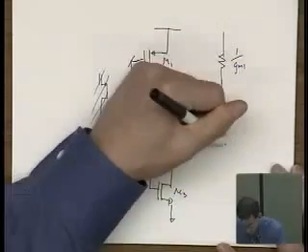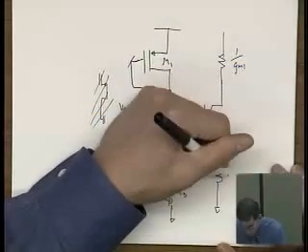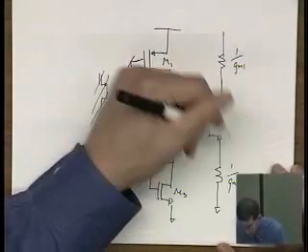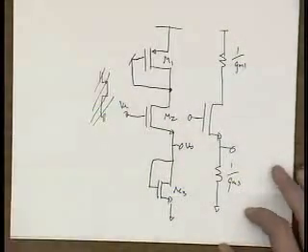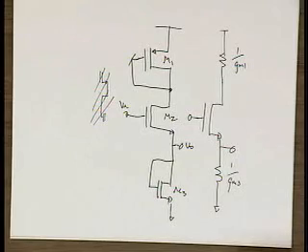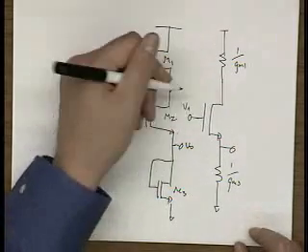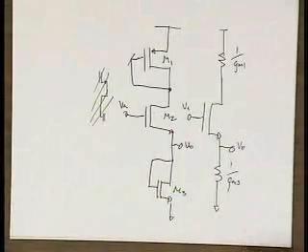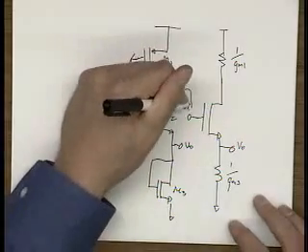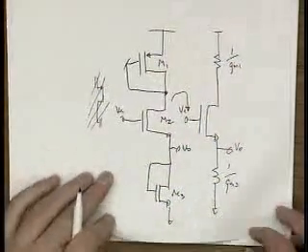M2 is still there. This is 1 over gm3. Source follower, right? This is a source follower. This is a single transistor stage. This, too, is relatively easy to analyze. Okay?